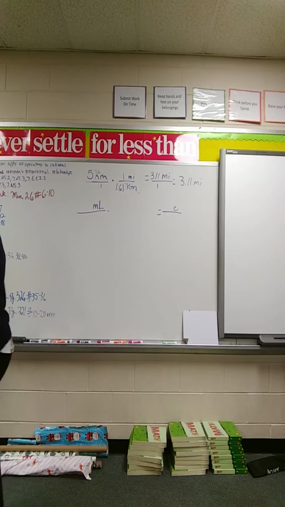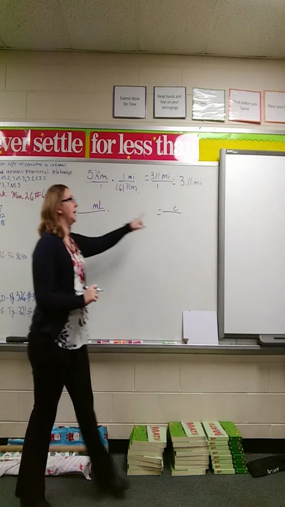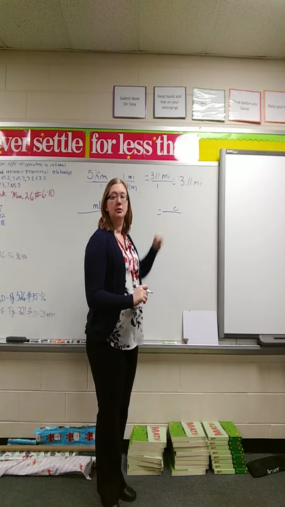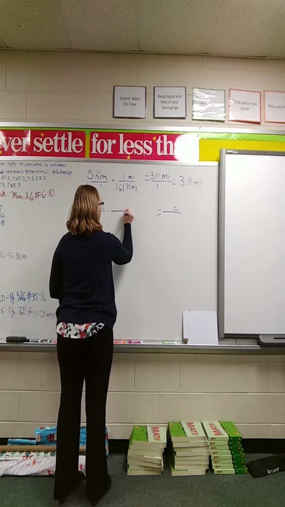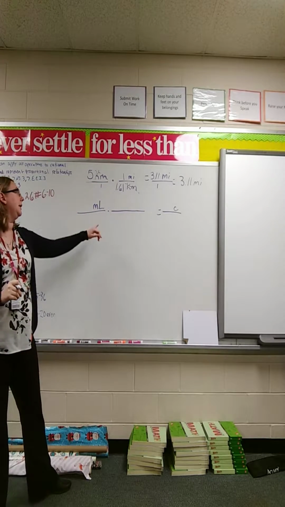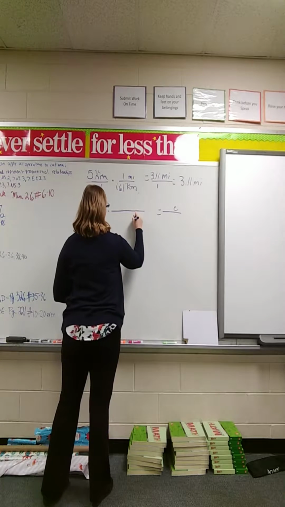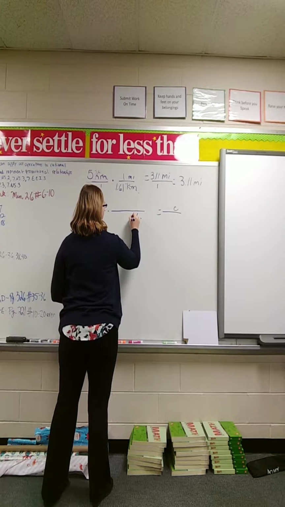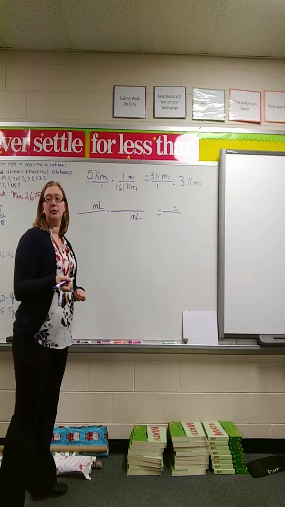Look back at page 320. Do I have a conversion between milliliters and cups? I do. So, do I need milliliters on the top or on the bottom? Bottom. Milliliters goes in my denominator on the bottom. What unit goes on top in my numerator? Cups.